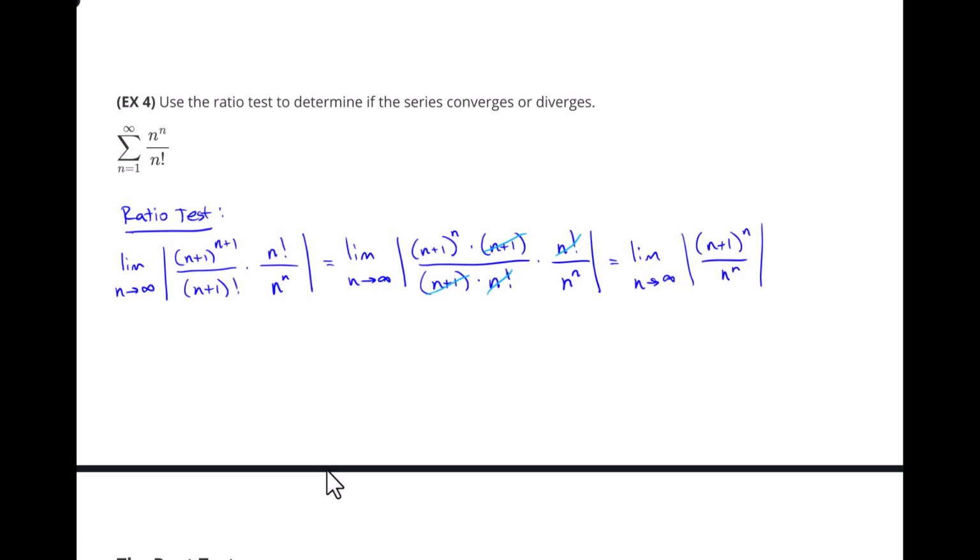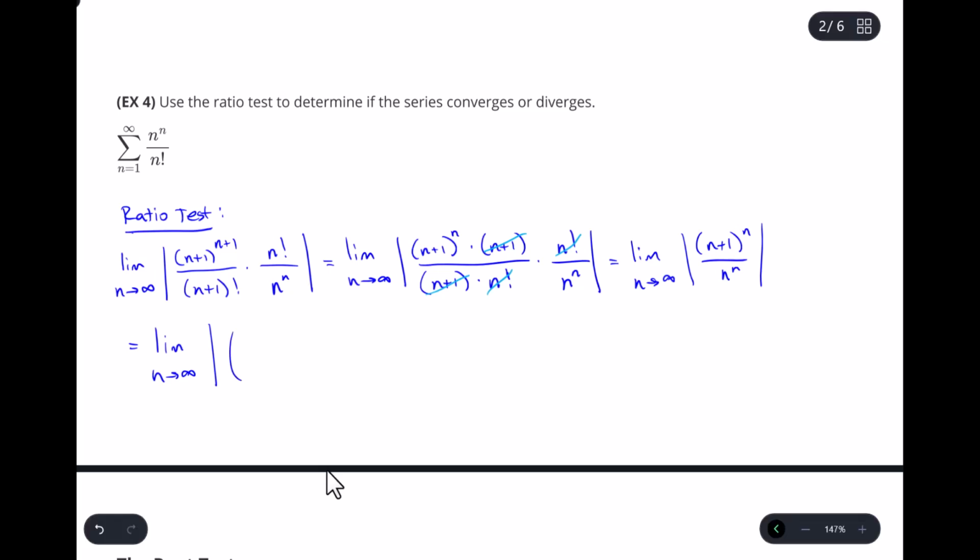Or another way of expressing that, the limit as n goes to infinity, I could factor out the exponent and make this n plus 1 over n to the nth power, or rewriting that fraction, 1 plus 1 over n to the nth power.